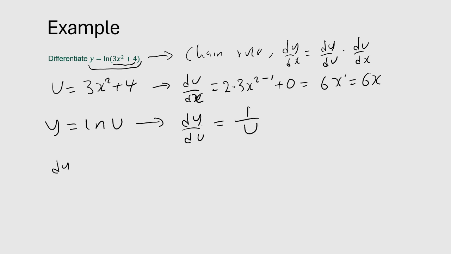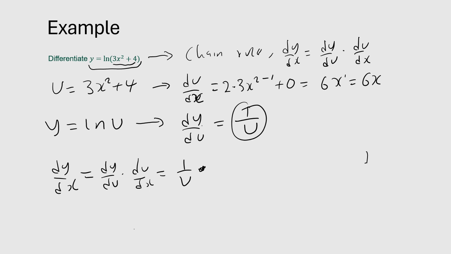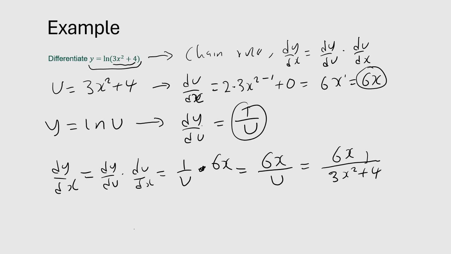Then dy over dx is equal to dy over du times du over dx, which is 1 over u times 6x. So 1 times 6x is 6x over u, and this is 6x divided by, what is our u? It is 3x squared plus 4. Then that's all.